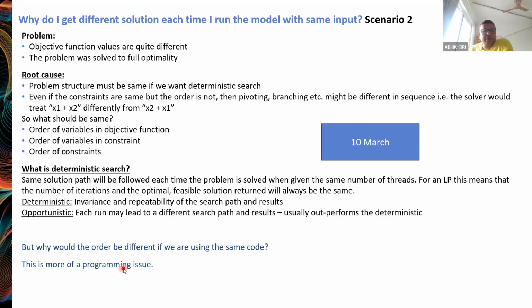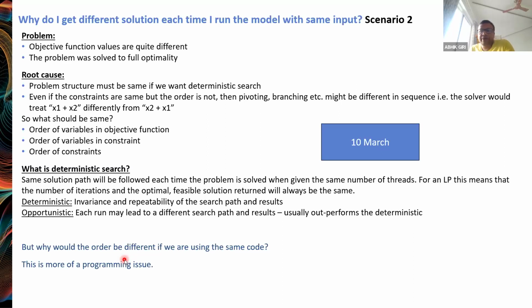Another question you might ask is why we would be getting a different order of variables, constraints or objectives if you're using the same code. Sometimes, if you are running your code over a certain set of, let's say, products or machines, and those are not sorted, then you might get different variations of the same equivalent problem.